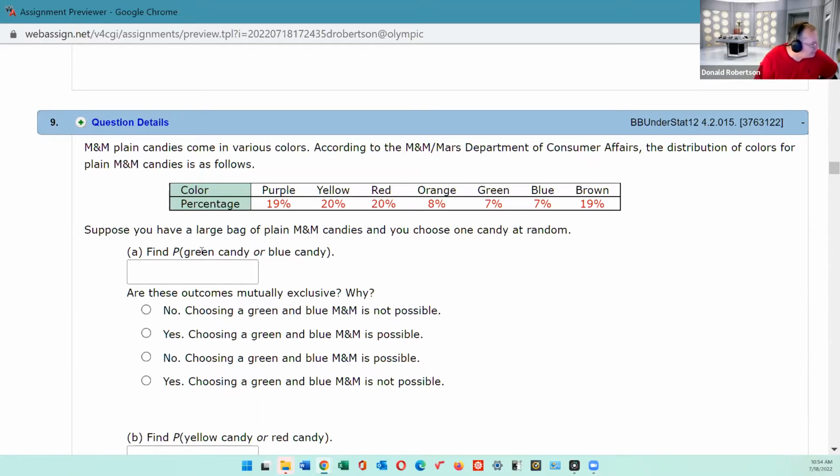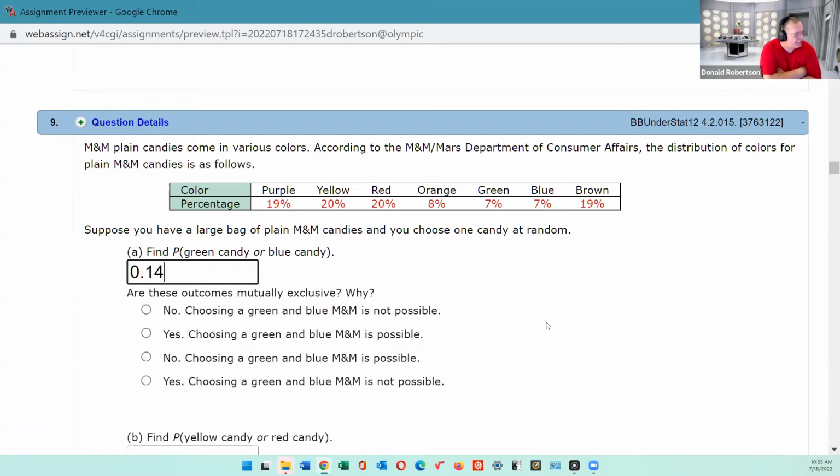So what's the chances that you get a green or a blue? Well, I know that there's 7% green, and I know there's 7% blue, and you might think that the answer is 14%, which it is, but WebAssign wanted that number, not 14%.